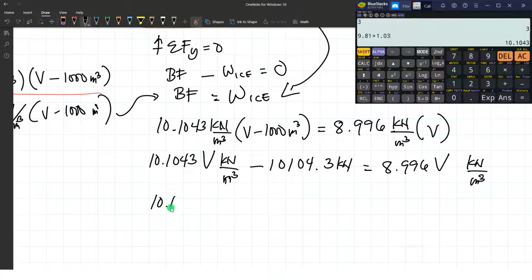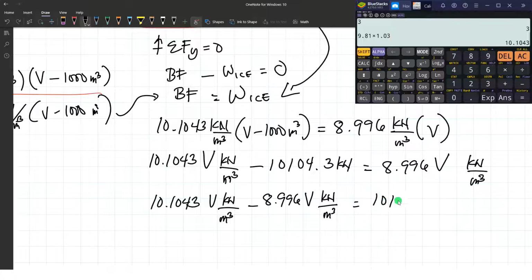So we have 10.1043 V kilonewtons per cubic meter minus 8.996 V kilonewtons per cubic meter. So this V right here is our variable for total volume of the ice, and this becomes positive 10104.3 kilonewtons.